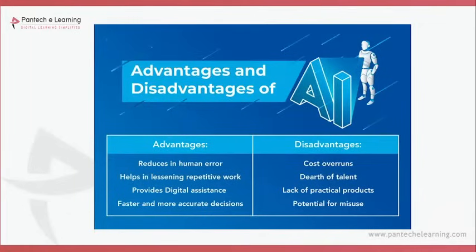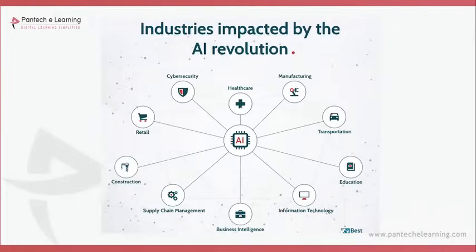For that purpose we need human support also. There is a lack of practical products and potential for misuse. We have some ethics that are also misused by that AI. Because of that, AI has more advantages as well as disadvantages.